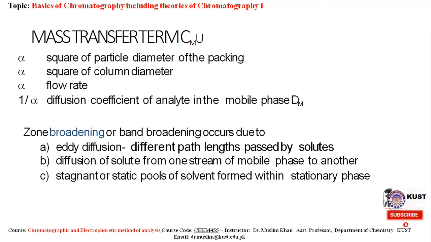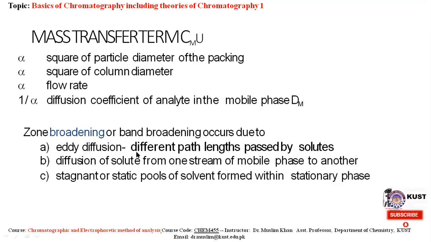So for the same species, some particles are eluted first and some are eluted a little later with a longer pathway. That's why peak broadening occurs. So this is also one of the factors responsible for the peak broadening during the chromatographic run.